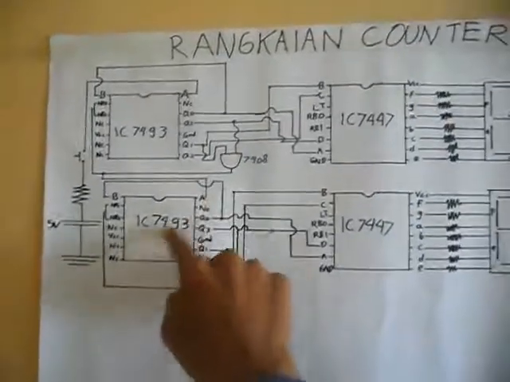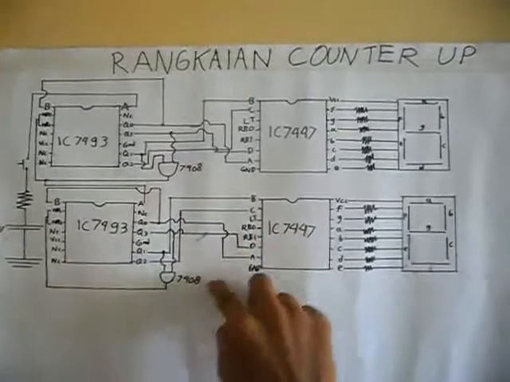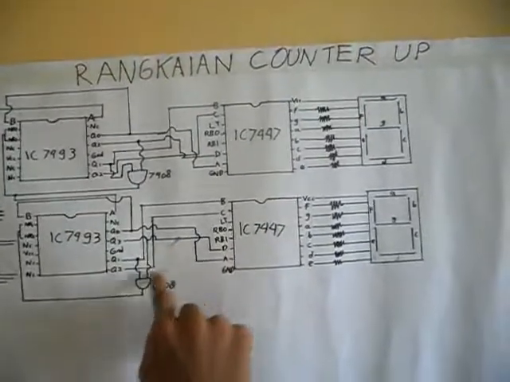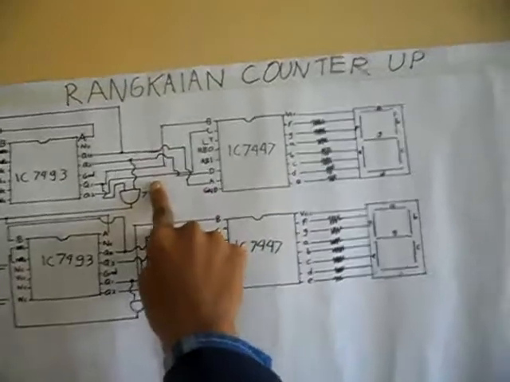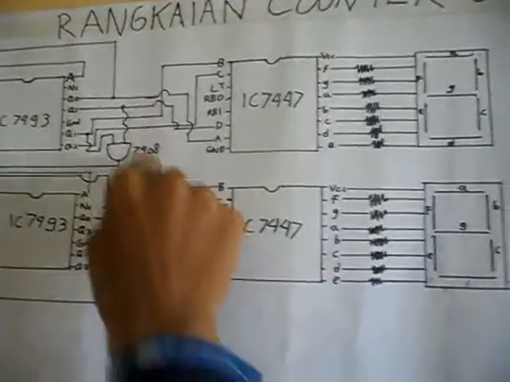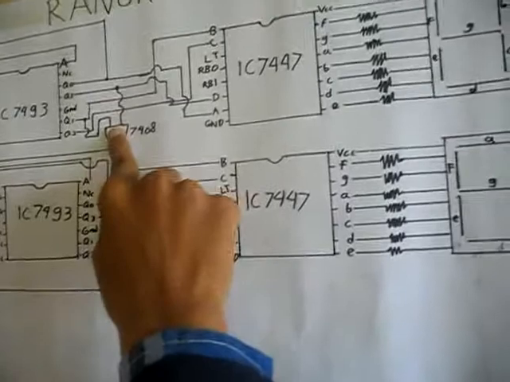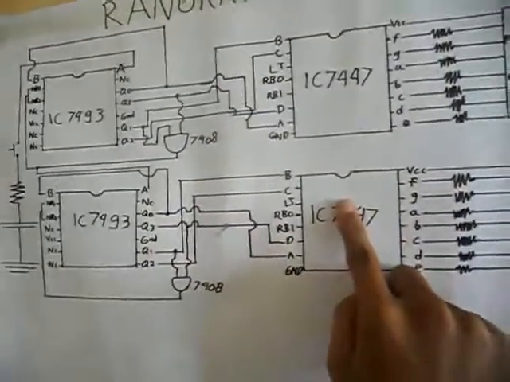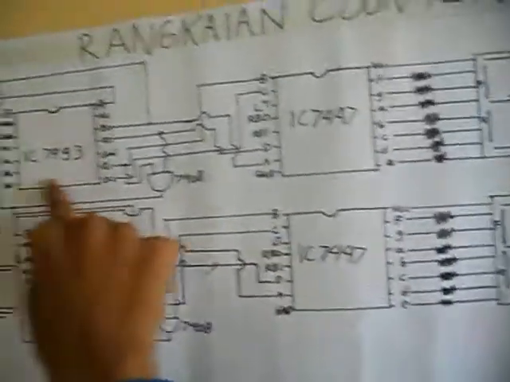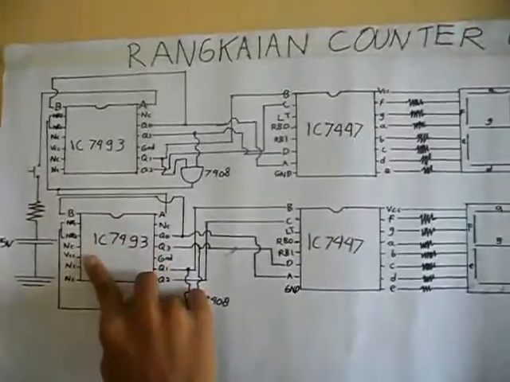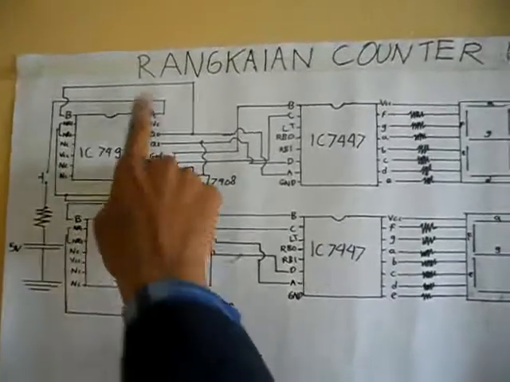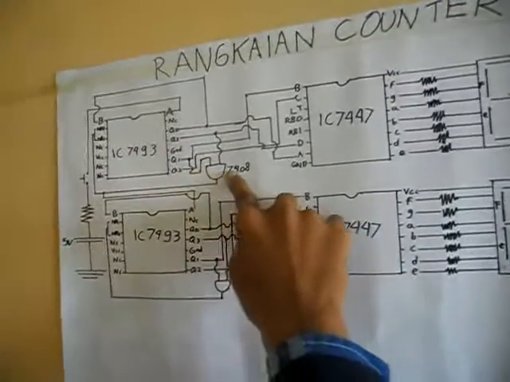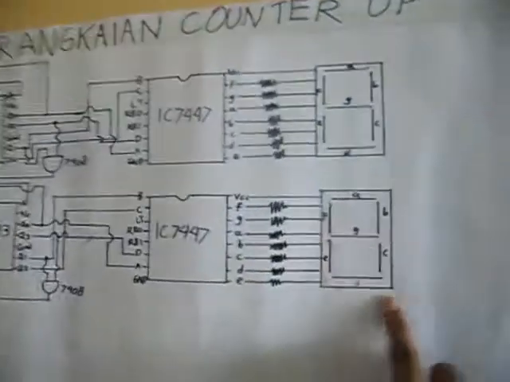The first IC 7493 is used to count the units and the second to count the tens.